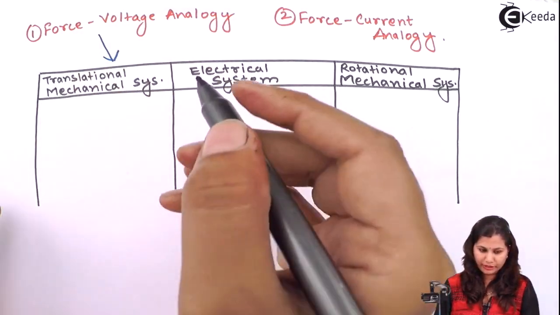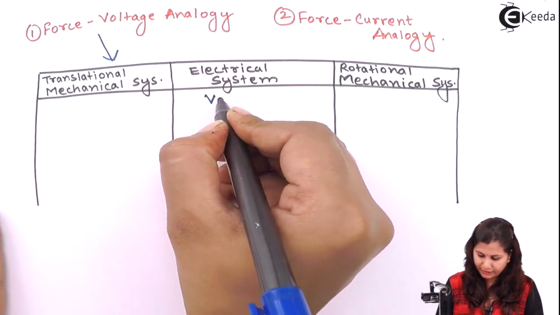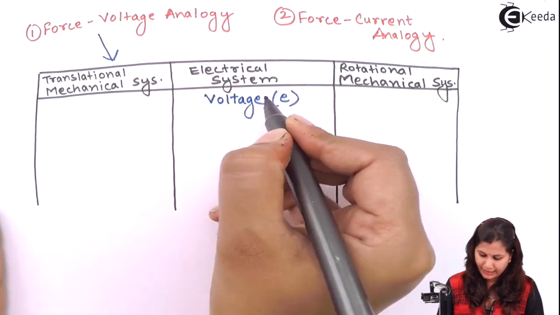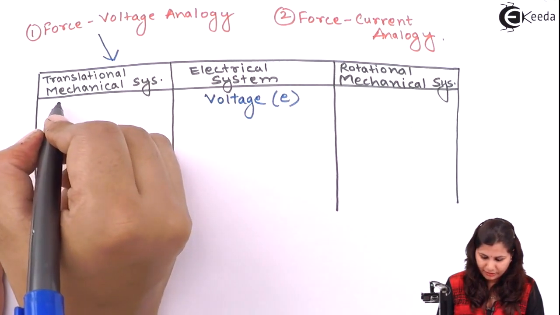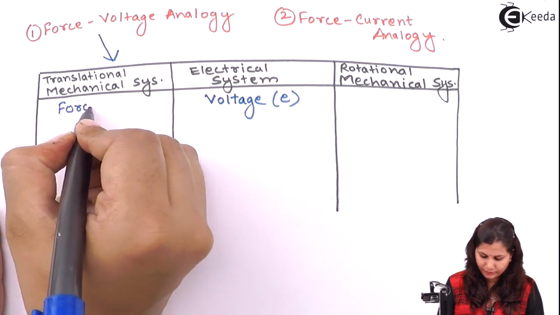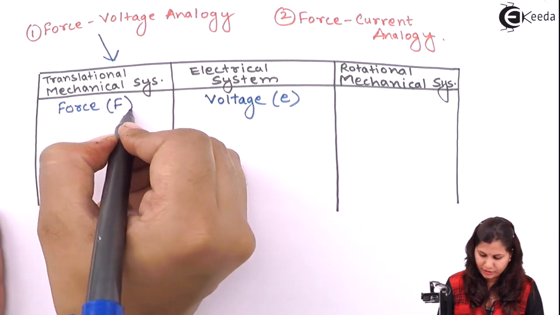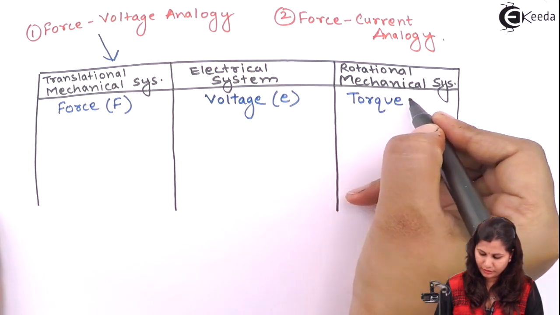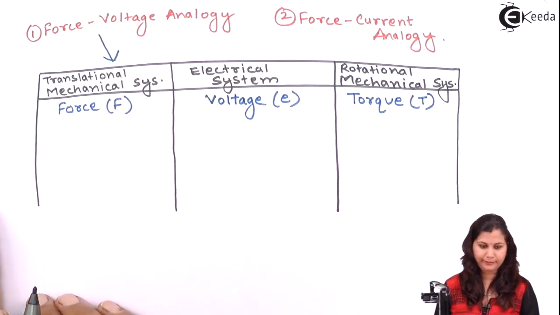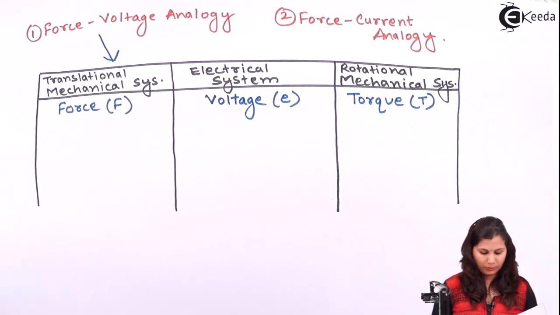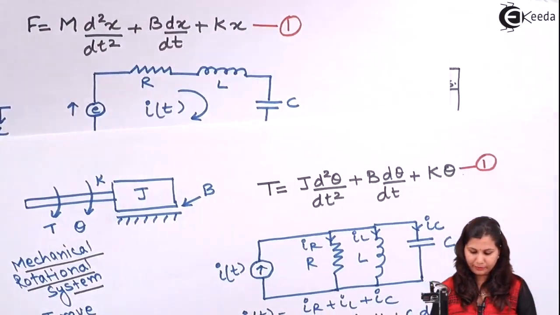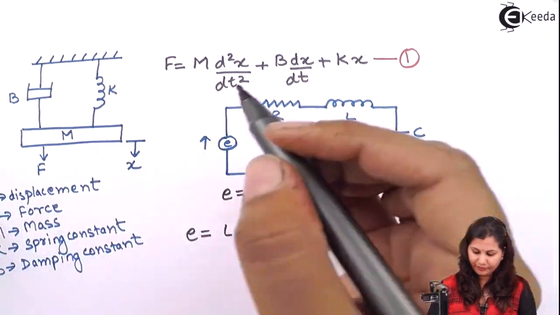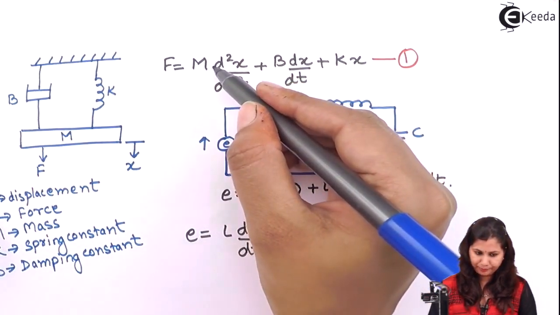So in the force voltage analogy, in the electrical system we have voltage E, and here we have the force, which is F, and in the rotational mechanical system we have torque, which is T. Okay, now compare the second variable. For the mechanical translational system we have mass.